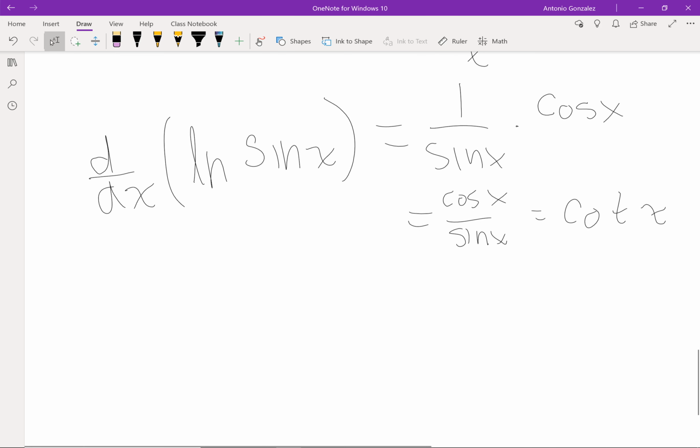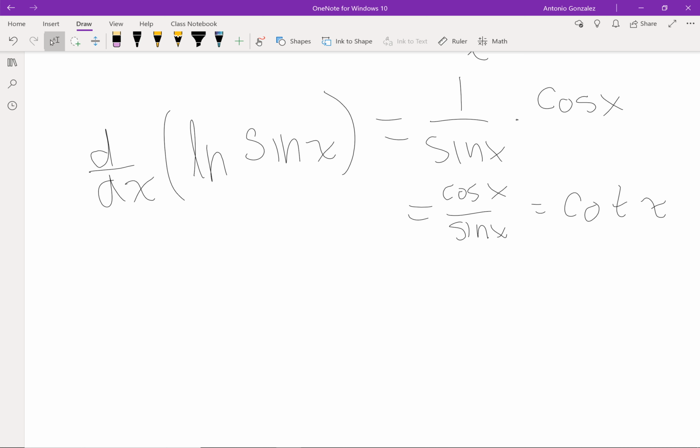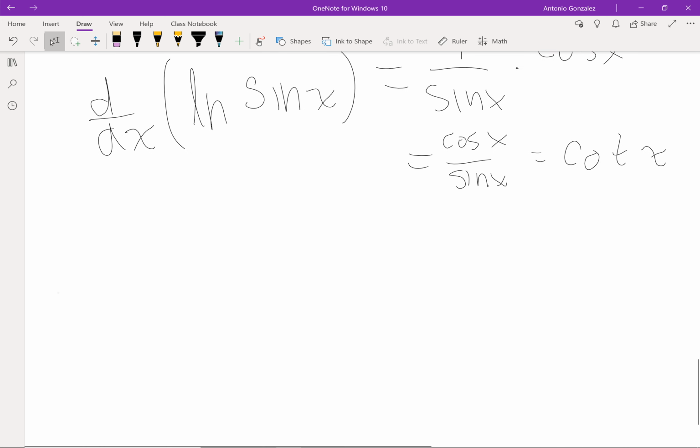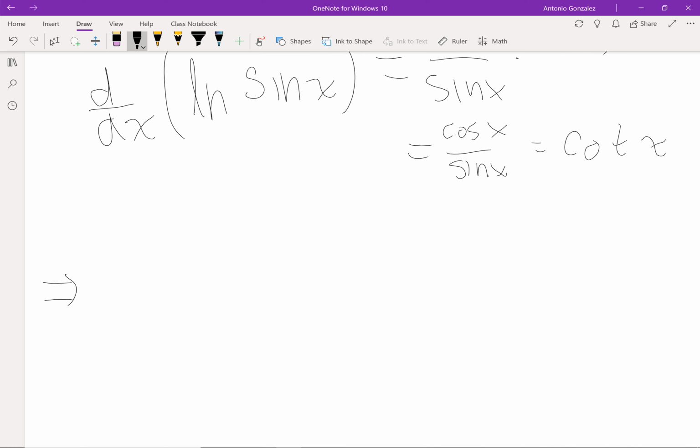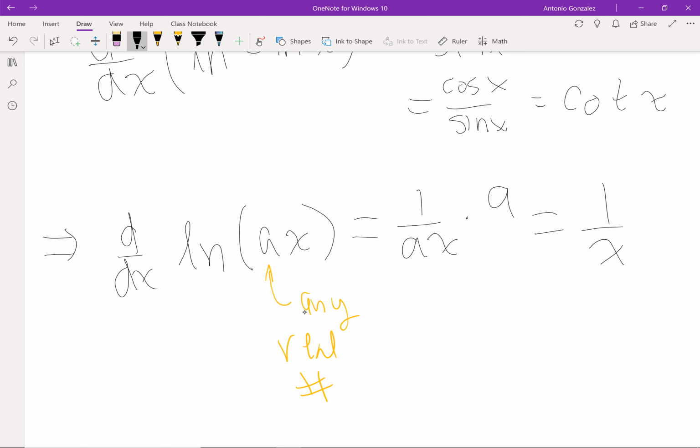All right, now one thing to notice from our first example is that if the function inside the natural logarithm is a constant times x, in other words, that there was nothing special about that 3x, if it took the form of this, where a is any real number, then we would always get back 1 over x.